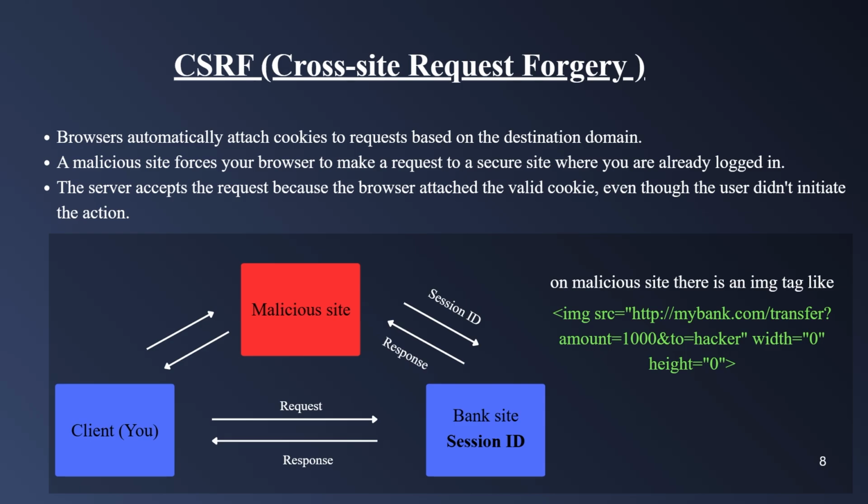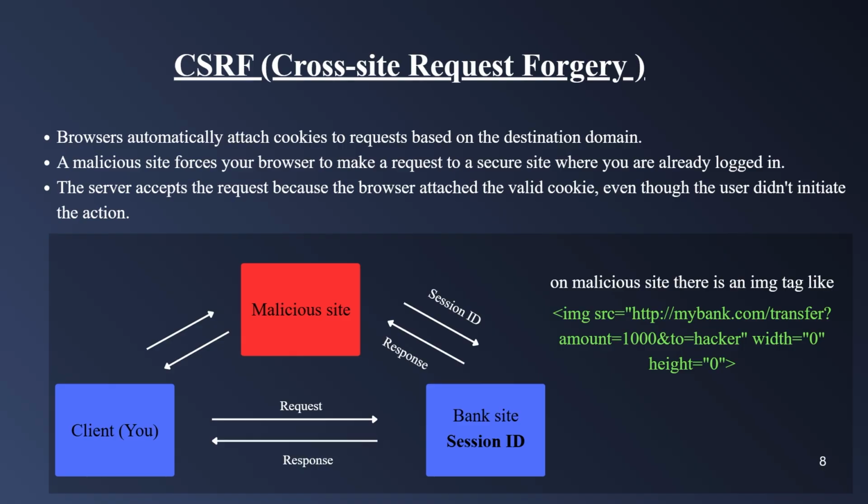So remember I told you that there was another site. You have the bank site, and let's say you've logged into the bank site, you're sending requests, and you have this other tab as well, which is this malicious site. Now just think, in this malicious site, there is an image tag like that, img src, and that very suspicious link.